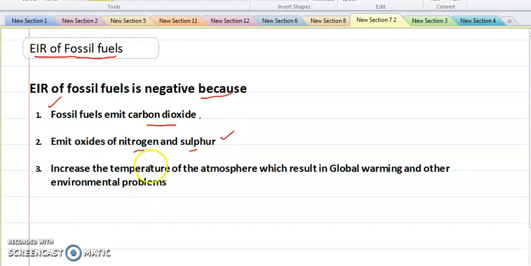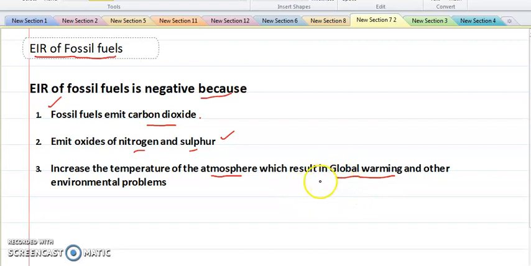And another reason for the negative EIR of the fossil fuel is that when these gases, carbon dioxide, nitrogen or sulfur oxides, are released, they increase the temperature of the atmosphere. And an increase in the temperature of the atmosphere results in global warming. And there are a lot of bad impacts of global warming.